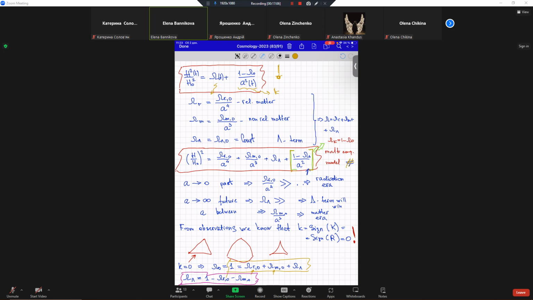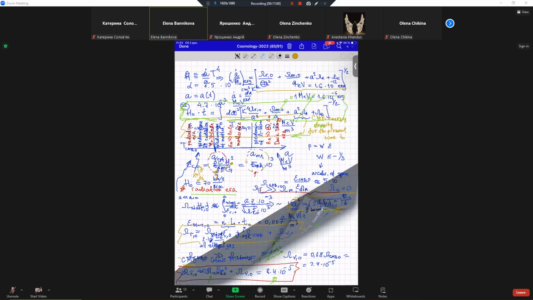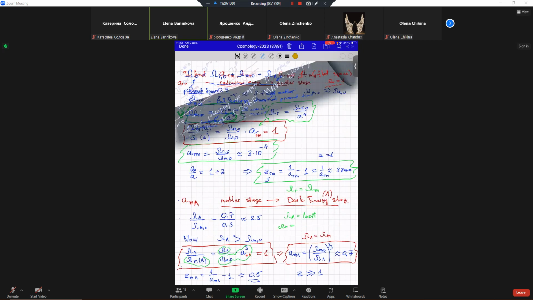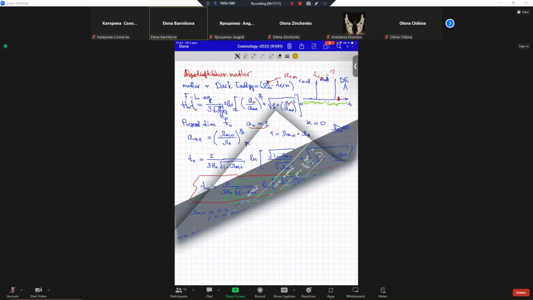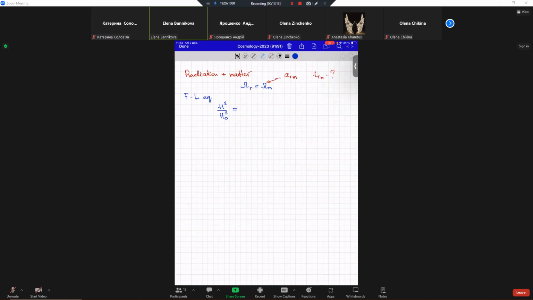Okay, so if we use this Friedmann-Lemaitre equation for these two stages, we can write this for radiation plus matter.